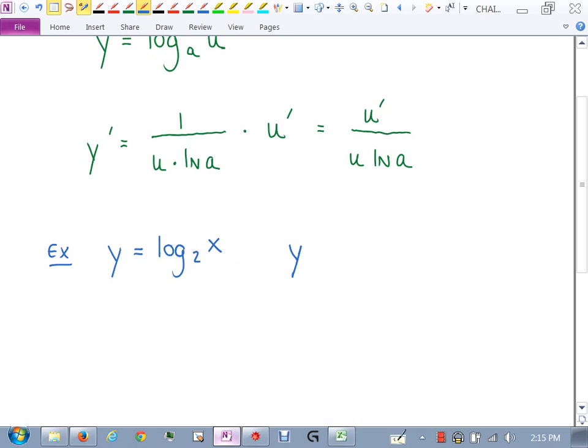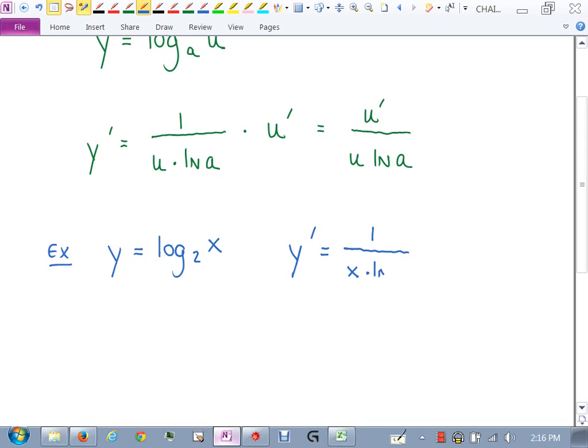I'm going to do it to the side so I can get more examples here. So for us, the u is really what here? x, right? I like to do it the first way I wrote. I say that the derivative of log of anything is 1 over whatever that anything was. So for us, it was x, right?